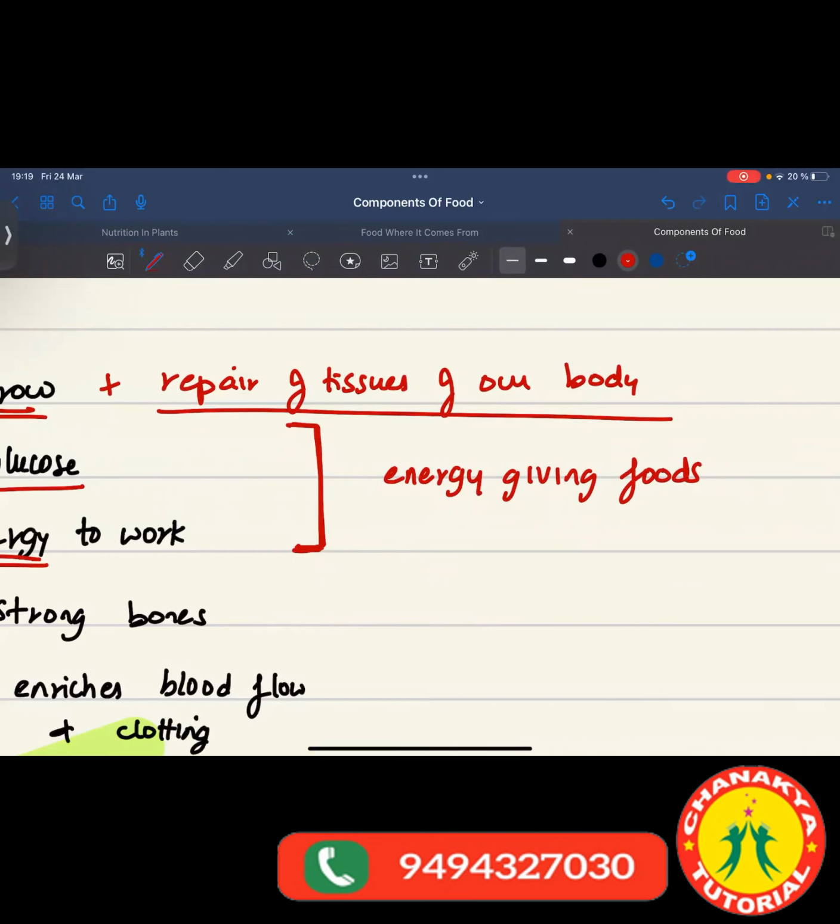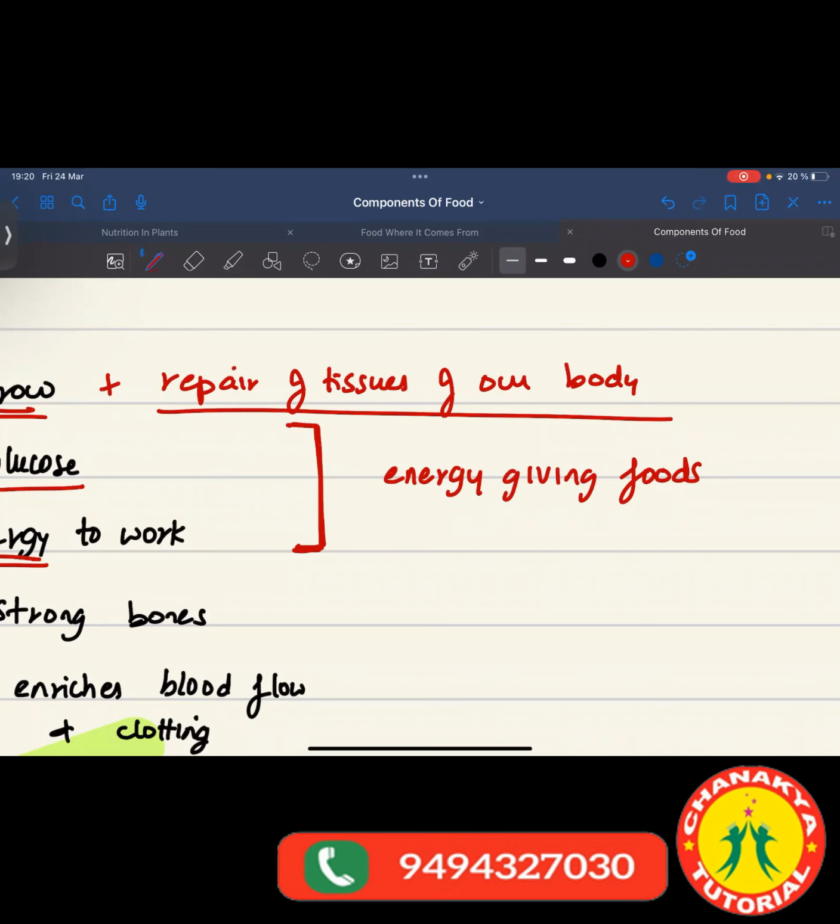What is the meaning of that? No idea? Ma'am, there are 3 types of tissue. No, I'm not asking about that. I'm just asking what the term repair of tissues of our body means.